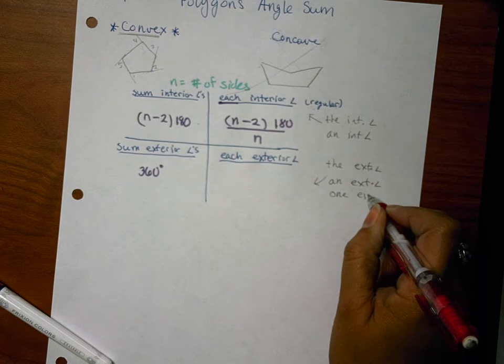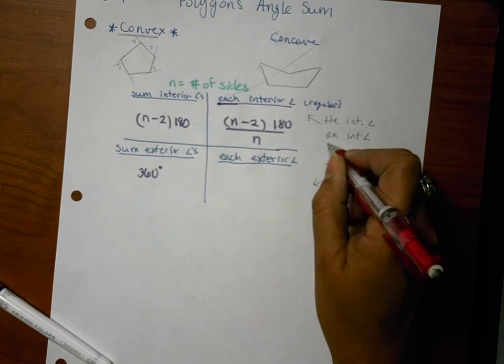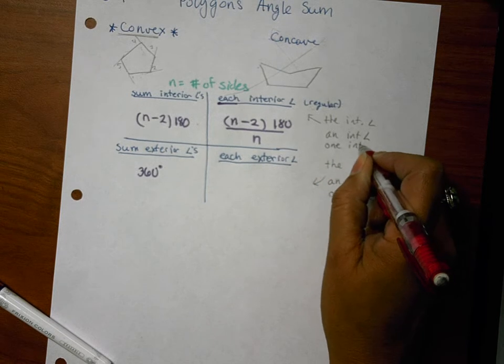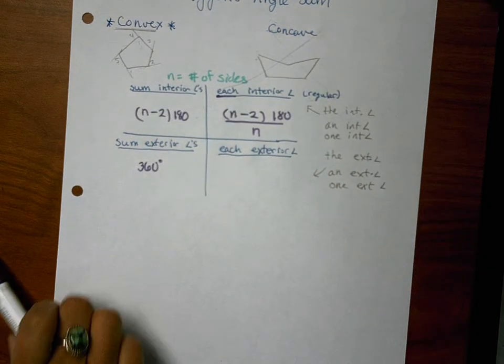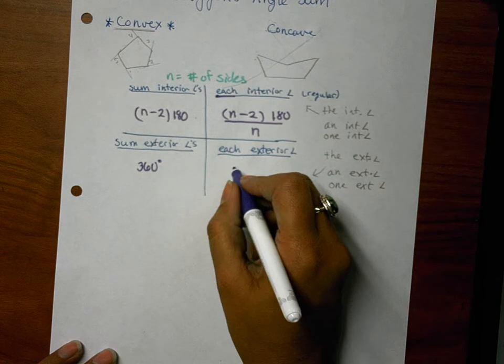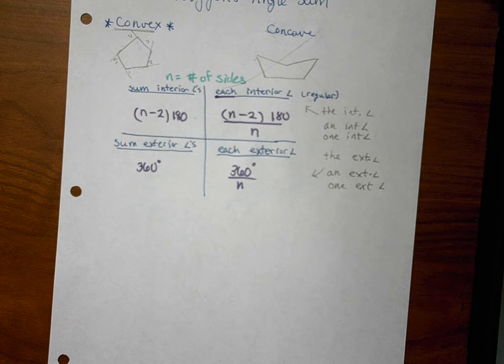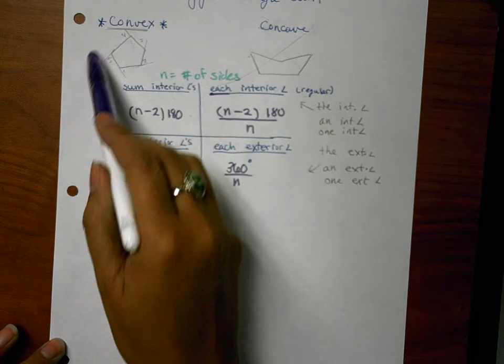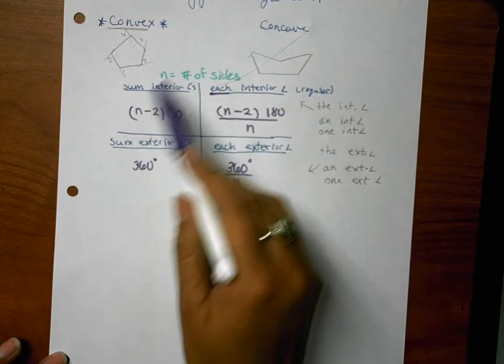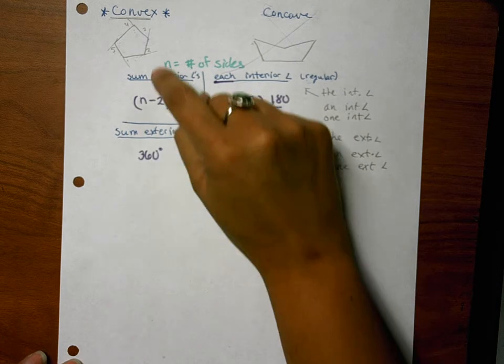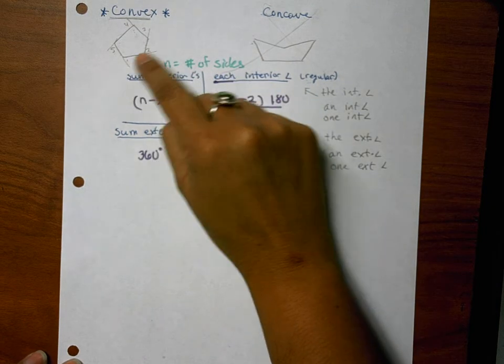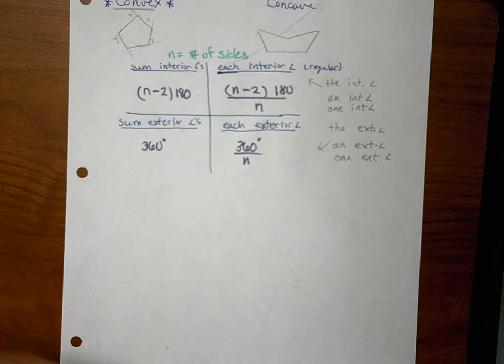One exterior angle, one interior. Those are key words you're going to see. Okay, this one you do need to know the number of sides. It is 360 divided by the number of sides, which makes sense. You find the sum, outside is 360, divided by the number of sides, and it gives you the measure of just one of the exterior angles.